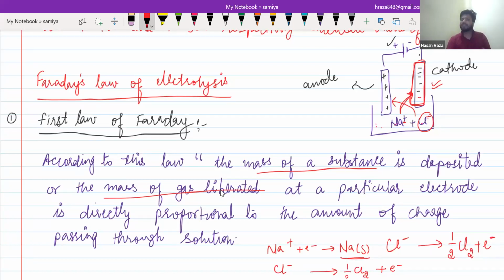So the next term, the mass of gas liberated at a particular electrode. That means whether it is a solid or gas, the mass of this will be directly proportional to the amount of charge passing through the solution. If you are going to increase the amount of charge passing through this solution, what is deposited on cathode or anode will be more and more.